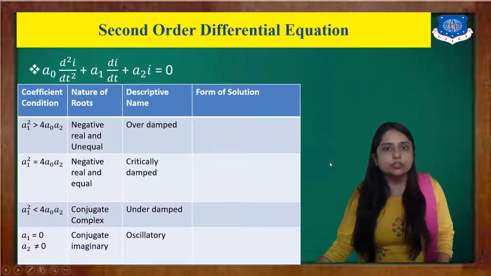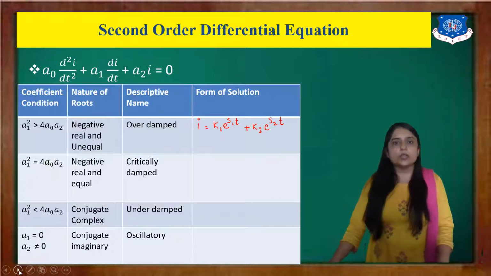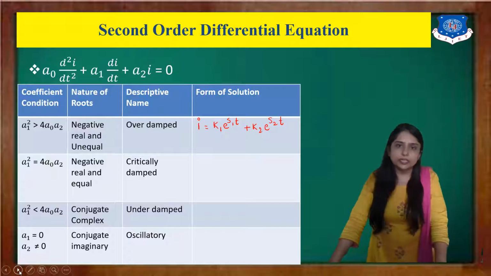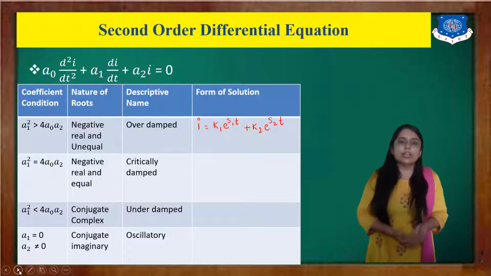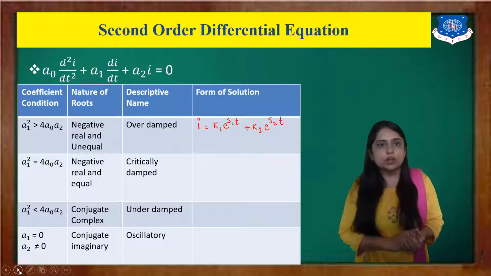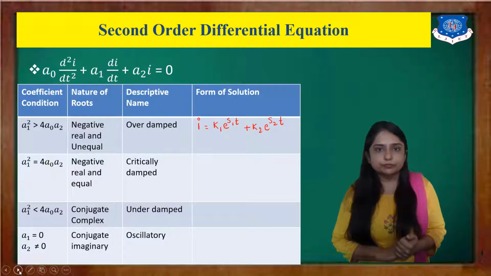And the solution for the current is i equal to K1 e raised to S1 t plus K2 e raised to S2 t, where S1 and S2 are the roots of the differential equation.